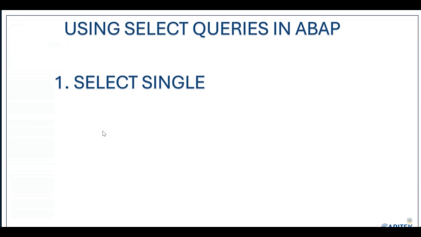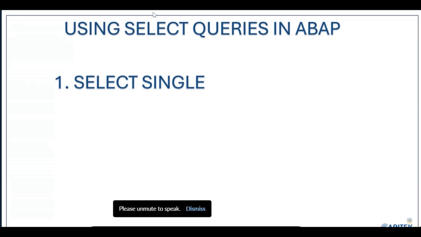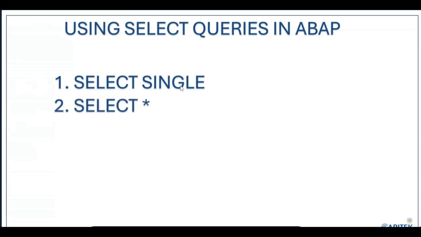What we are going to learn in our class today is select queries, along with the different types of select queries. One is select single. When you say select single, you will have a single record fetched from the database table.